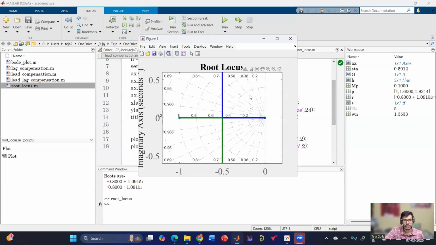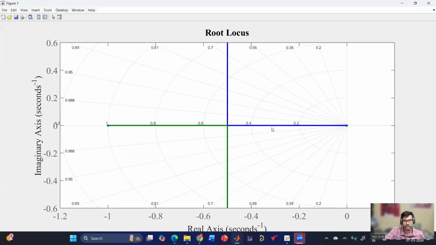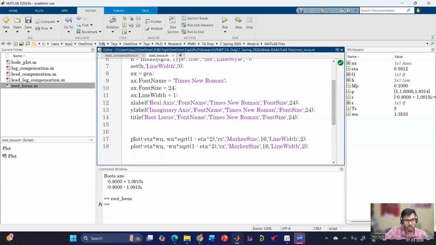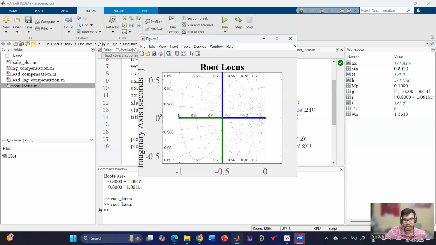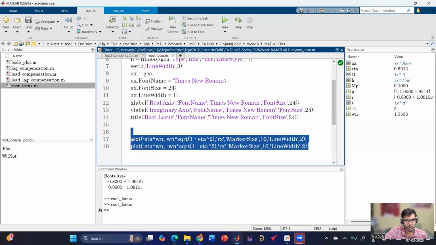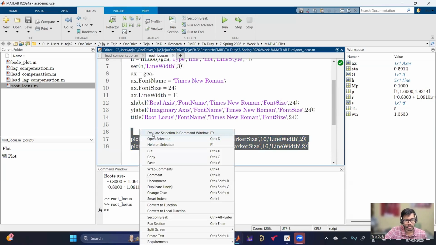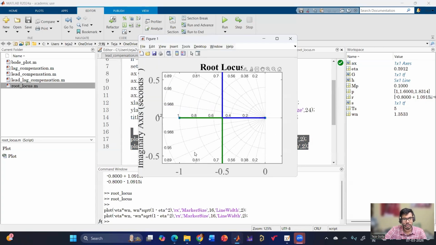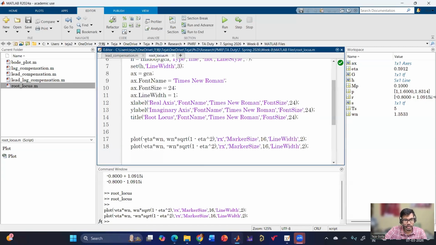So it has run. Just let me see why it has not plotted this. Okay. So how much is my eta omega n?